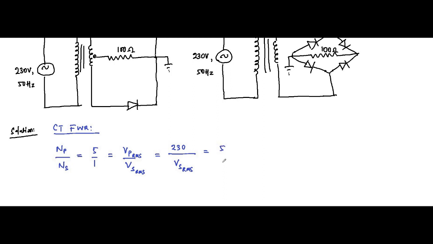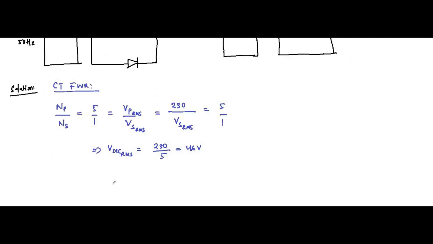That is equal to 5/1. That implies V secondary RMS is equal to 230 by 5, which is equal to 46 volt. This is the RMS value.